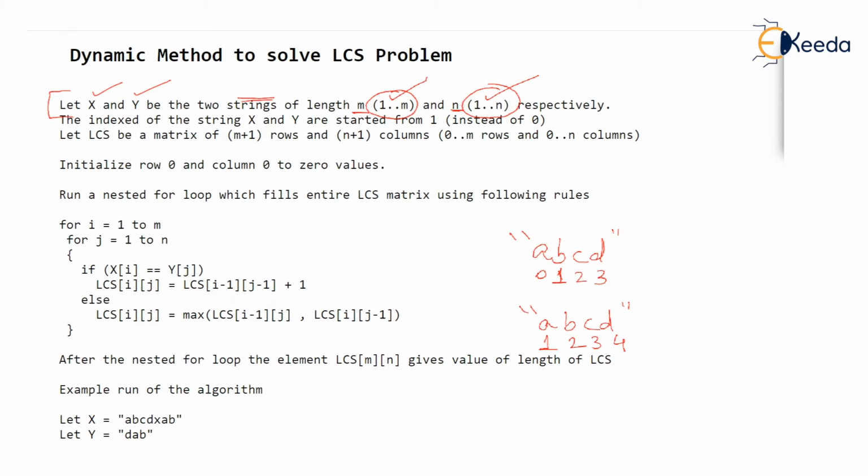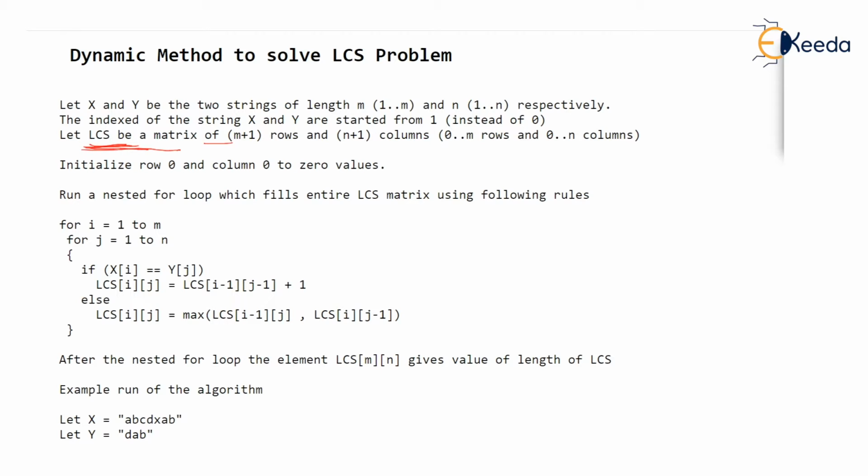Okay, so we are given two strings. And what we will do to solve the LCS problem is, we will take a matrix. Let the name of the matrix be LCS of M plus 1 rows and N plus 1 columns. And the indexes of the matrix are 0 to M and 0 to N. Just as an example, suppose X is ABCD.